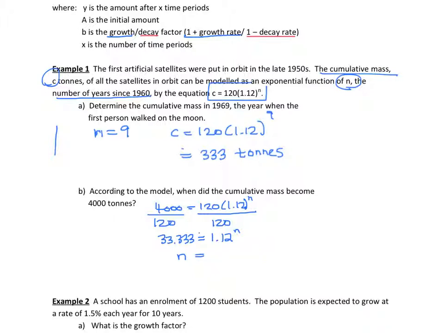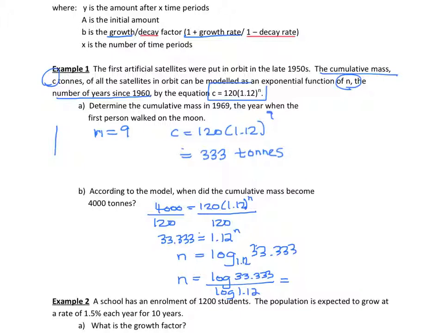I was jumping ahead to the change of base formula there. So, make this a little clearer. N equals log 33.333 base 1.12. Then we can apply the change of base formula. So n equals log 33.333 divided by log 1.12.